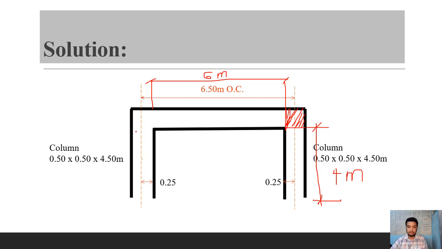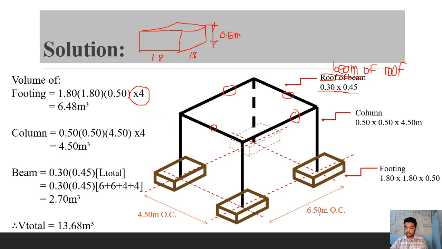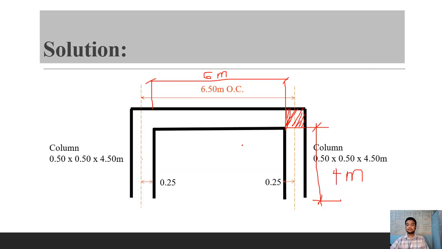That is the center of your column. Therefore, this is 0.25. Okay, this 0.25 should be drawn right here. Okay, this is 0.25, and this will also be 0.25.